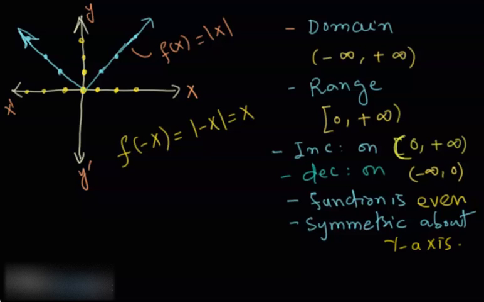Its x-intercept is 0, 0, which is its x-intercept as well as its y-intercept. So this is all about the absolute value function. This is one of the parent functions which we will be using in the upcoming videos. Thank you.